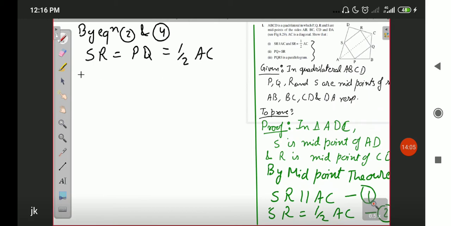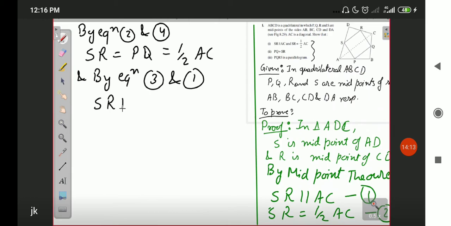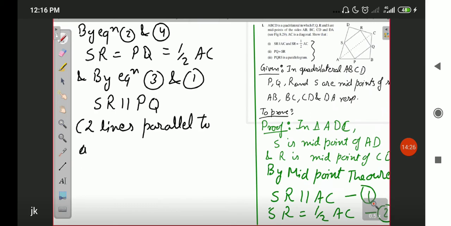And by equations 3 and 1, SR will be parallel to PQ. How so? Two lines parallel to the same line are parallel to each other.